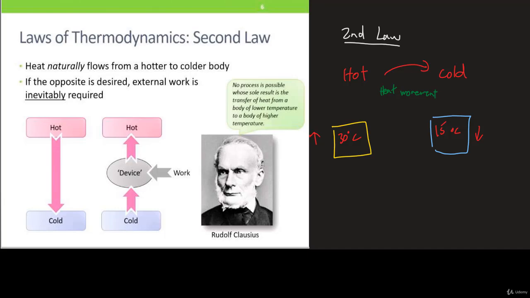How can I make a hot object even hotter, or a cold object even colder? It will not happen naturally. You have to do something to make this happen. That is, you have to have external work. You have to do some external work by having a device, something to trigger this process. That is the idea of the second law of thermodynamics.